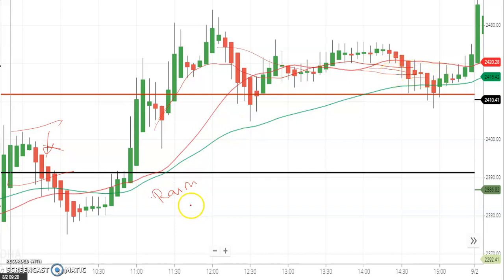In addition to the above two points, like rising TMA or falling TMA, and the candle being above or below the TMA, you have to focus on one more thing: the time of the entry. If the time of the entry is after 10:30 or 11, try to avoid it, because that will be a trap.